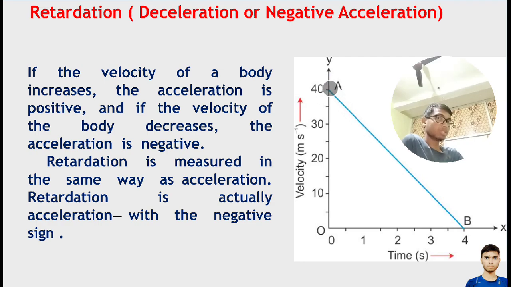It means initially the velocity would be more, but here it will become less. So from here till here the acceleration is negative. What about zero acceleration? Zero acceleration means the object will not move at all. So till here it is done.